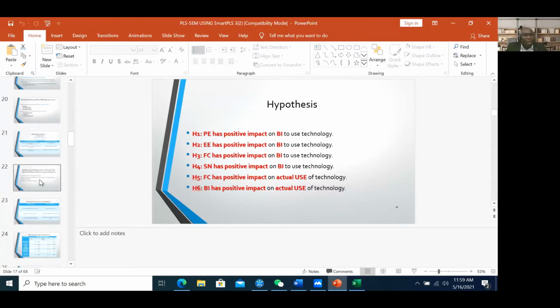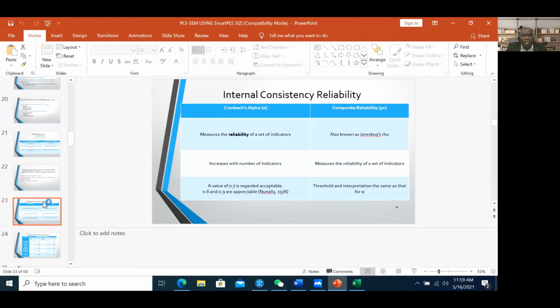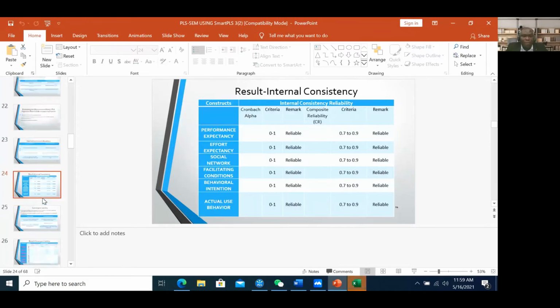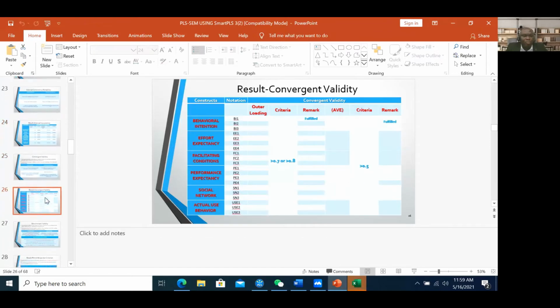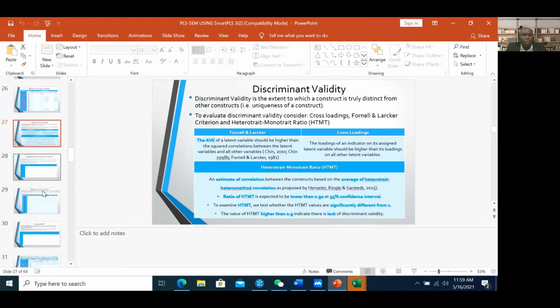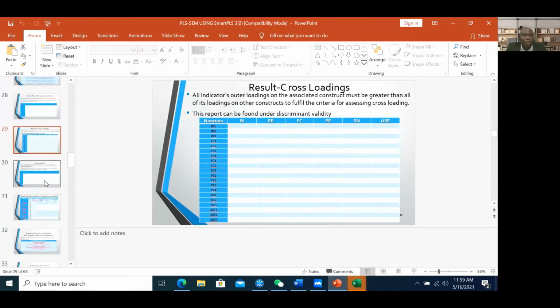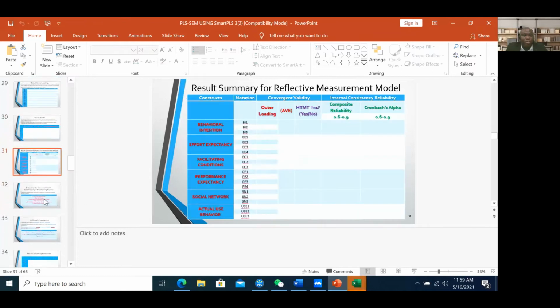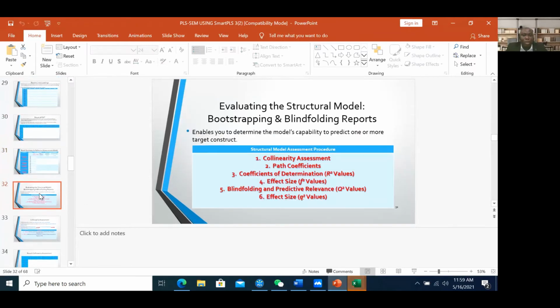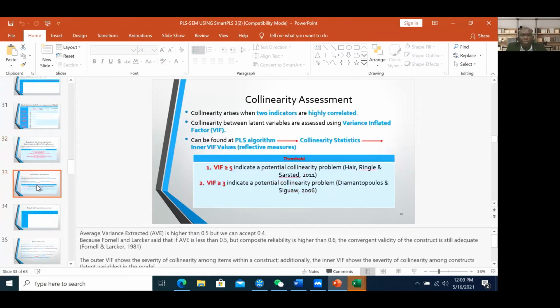Whilst it's loading, we're going to see the various rules or thresholds that we need to look for.